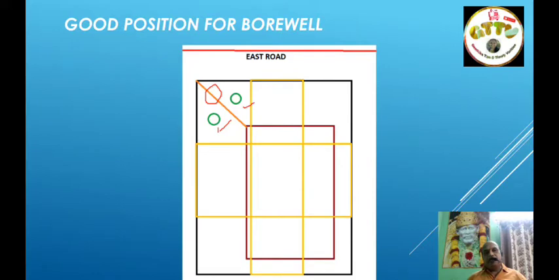So I already told you there are two important locations. This is north of northeast, this is east of northeast. So how to identify the exact portion where you are supposed to drill a borewell? Divide the eastern portion of your plot into 3 equal divisions.